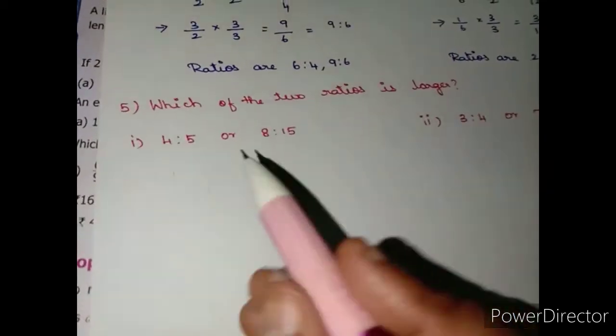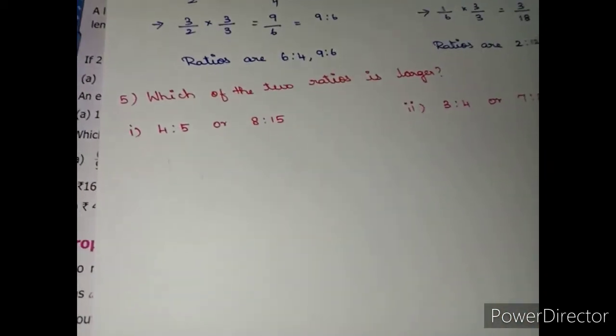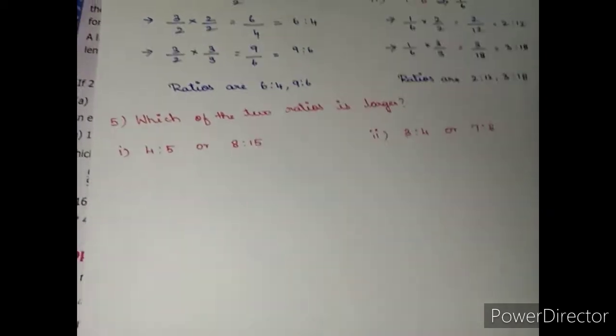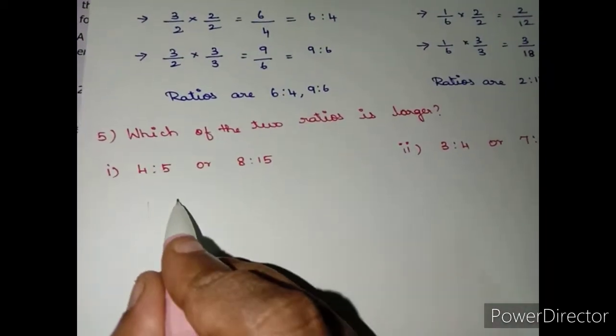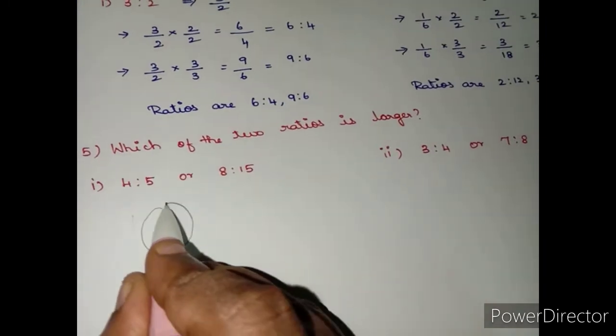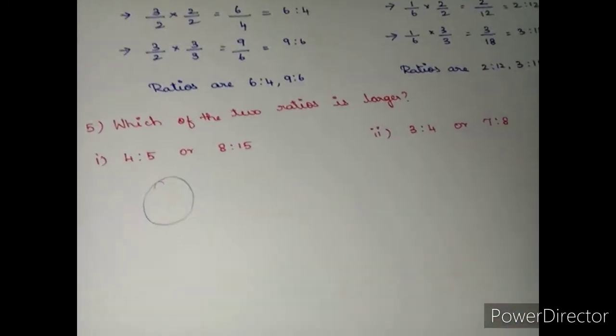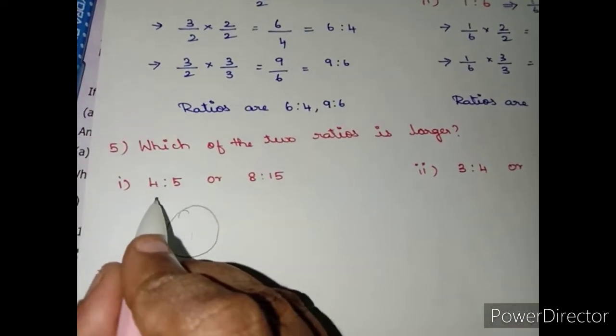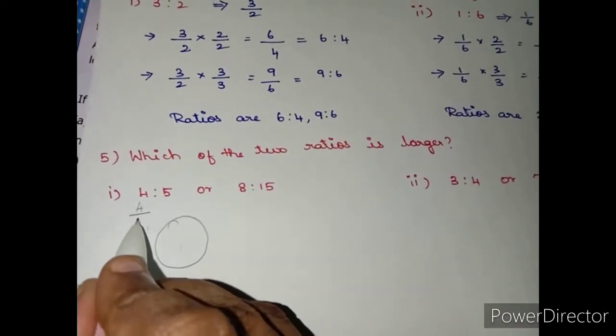So which one is greater and which one is smaller? For that, we'll go with a small example. I am taking a circle.